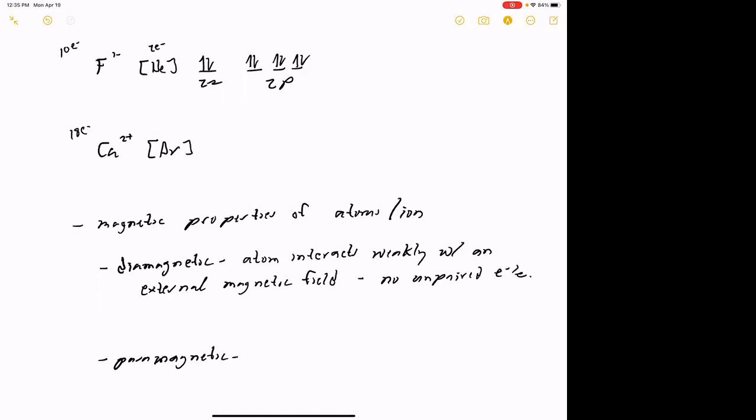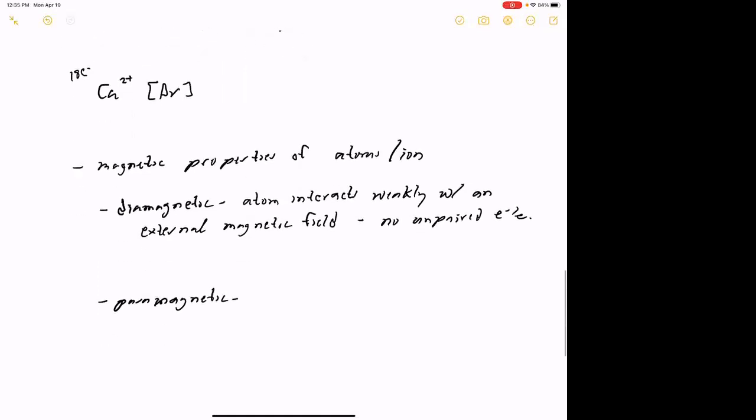Paramagnetic is exactly the opposite. That's where the atom interacts strongly with an external magnetic field. And what are we looking for here? We're looking for one or more unpaired electrons.